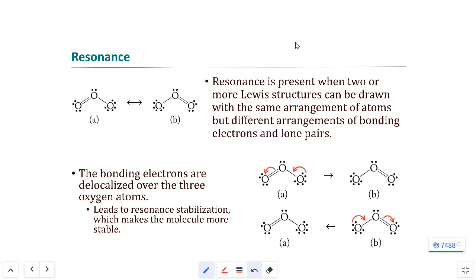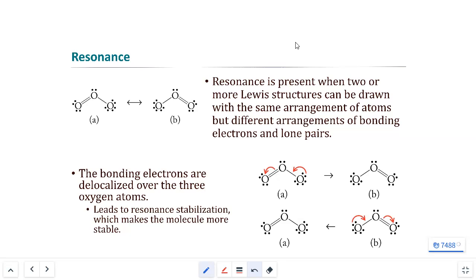Bond could have gone on the left, bond could have gone on the right. The two structures would have looked identical to each other either way, just rotational mirror images of each other. So they're the same.